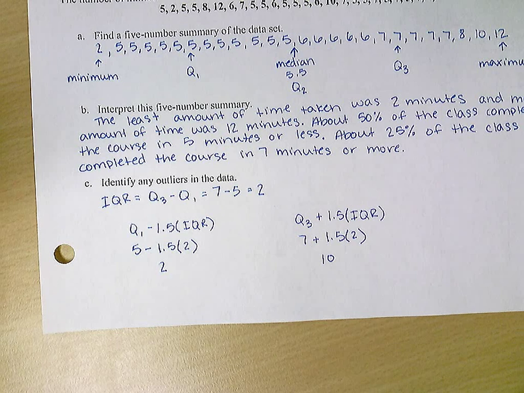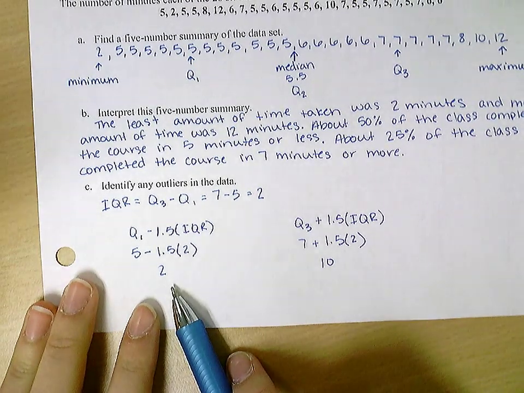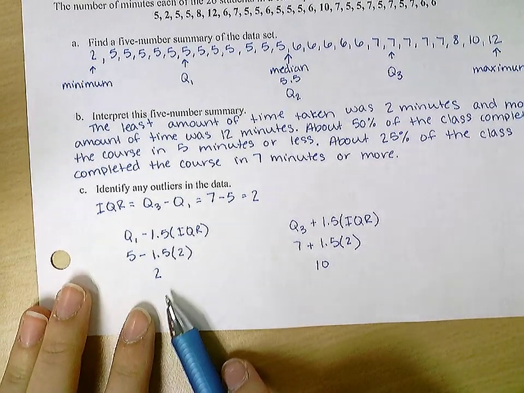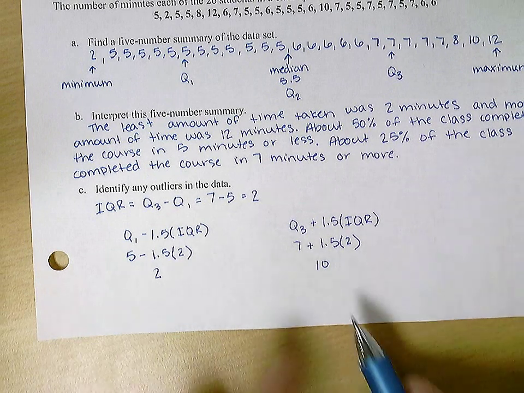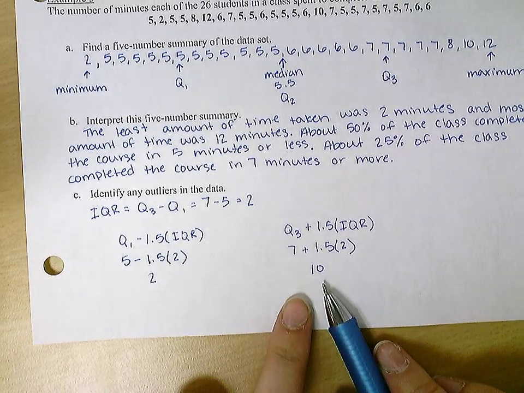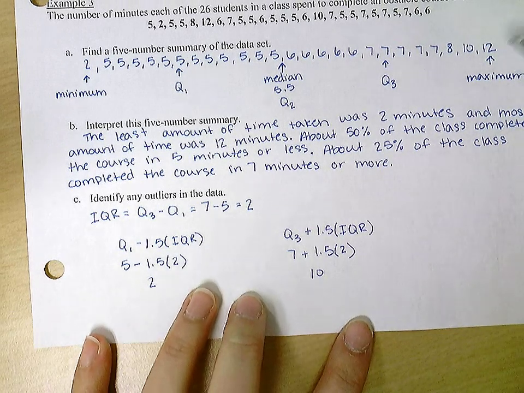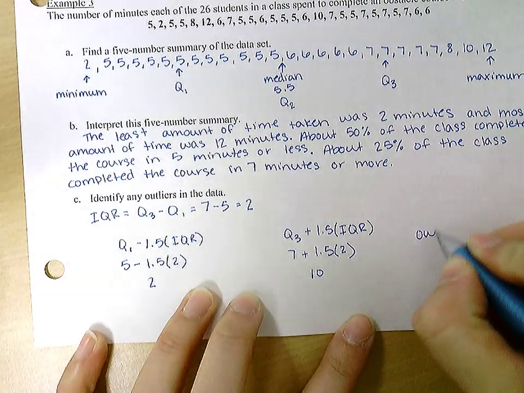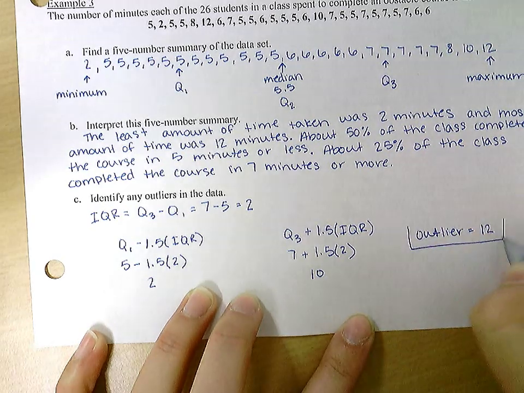Okay, so when I look at these, I'm trying to find the outlier. Do I have a number that's less than 2 in my data set? No. So there's not an outlier on the lower half. But if I look at my upper half, do I have a value that's greater than 10? Yes, I have 1. That's 12. So your outlier is 12.